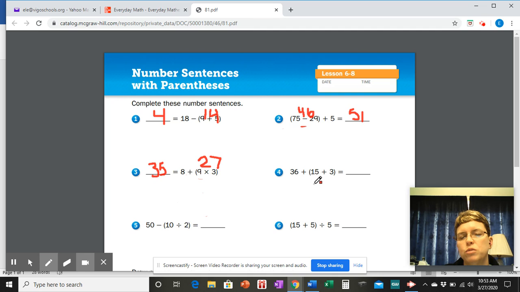Now we move to number 4. We're doing what's in the parentheses first again. So 15 plus 3 gives me 18. Going to write that up top. Makes it easier to do the next step. 36 plus 18, and I'm going to write that to the side so it's easier to add.